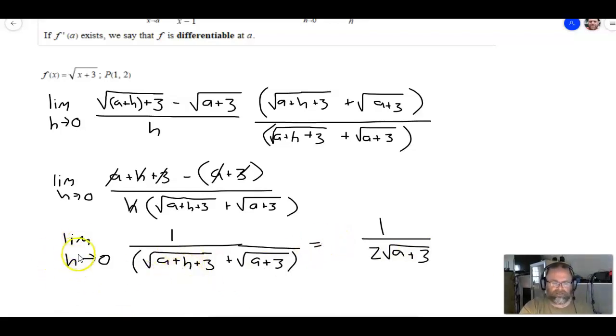Once I apply the 0, I don't need to put the limit there anymore. And this is going to be the formula for the slope of the tangent line there. And then with my a there, I'm going to end up getting 1 over 2 times 2, which is 4. So that'll be 1/4.